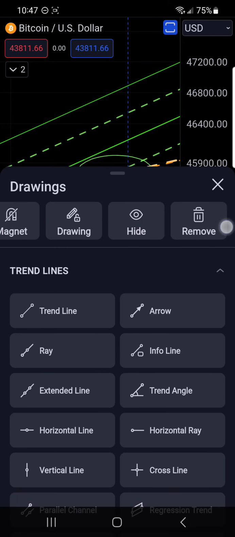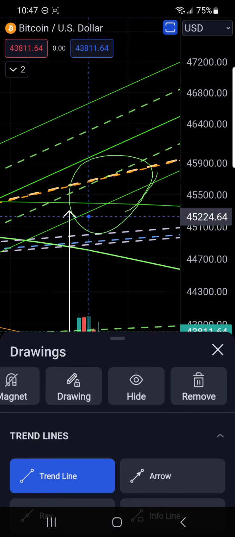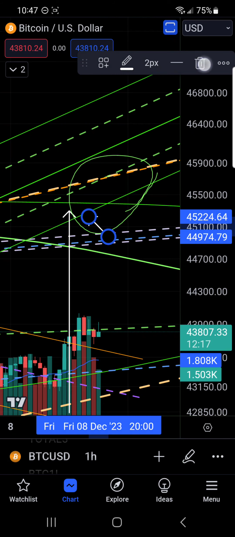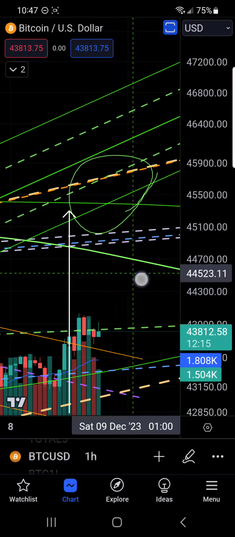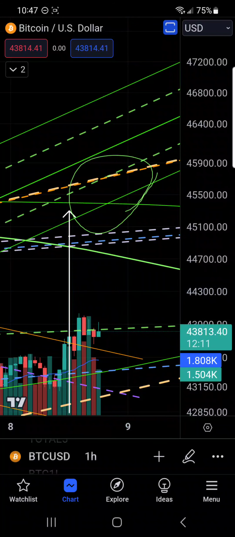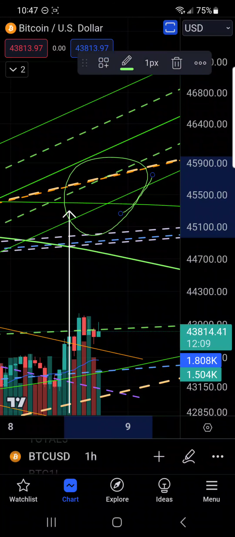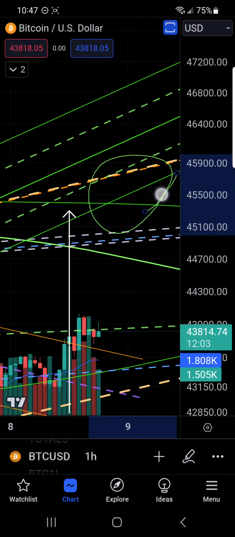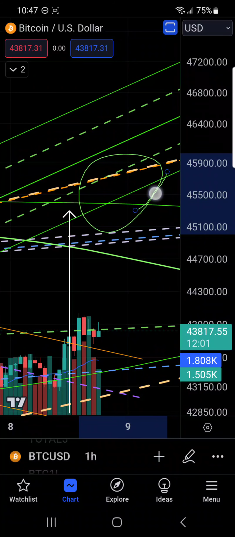Sorry, excuse me one second. Let's just draw a trend line right here and there and erase that. And now I should be back without, okay. We're back. Actually, I want to just move this over a tad bit. Yeah, that looks good right there, maybe.